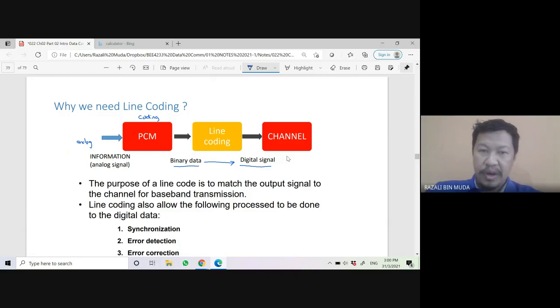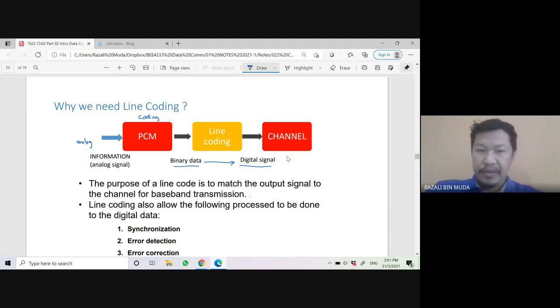So why line coding? The purpose of line coding is to match the output signal to the channel for baseband transmission. Line coding also allows the following processes to be done to the digital data.